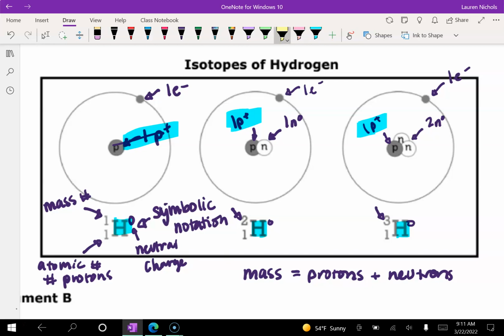They all have 1 electron, which is why they all have a neutral charge. And they have a different number of neutrons. There are 0 neutrons in this first one, and that is what changes their mass numbers. That's what we'll discuss in our first bullet point.